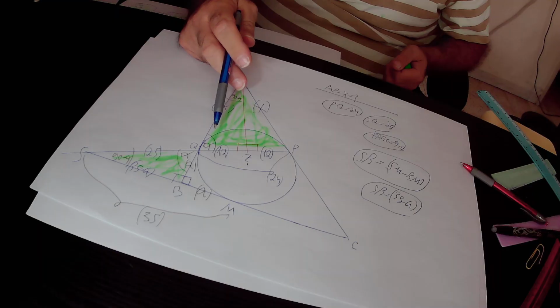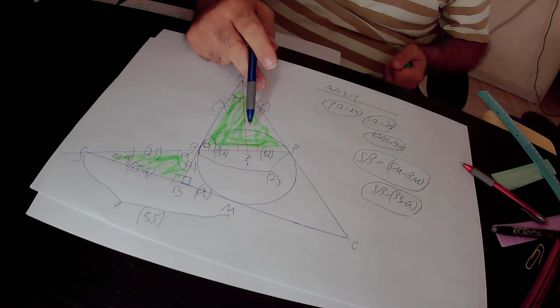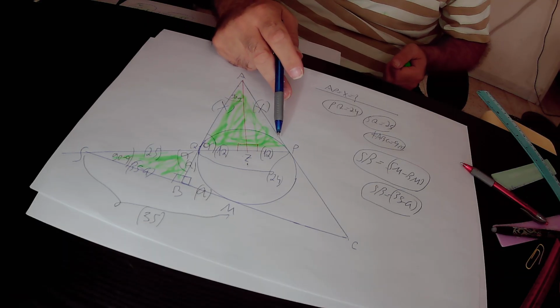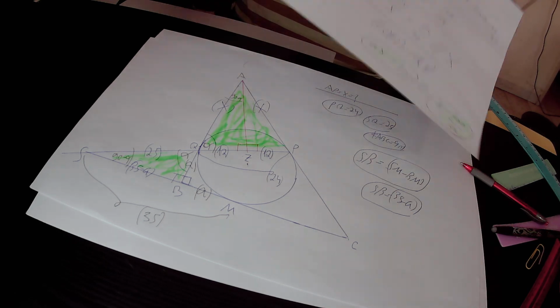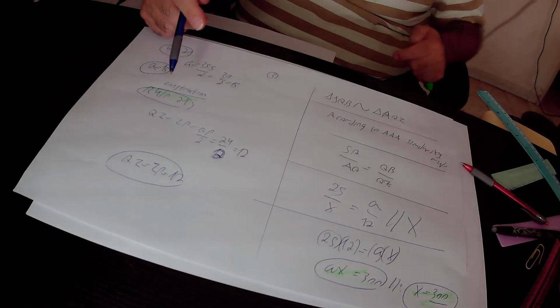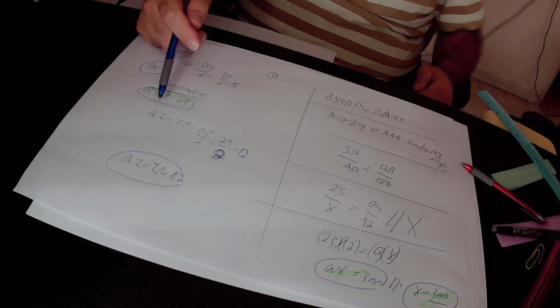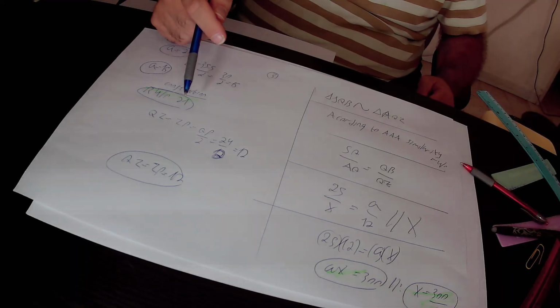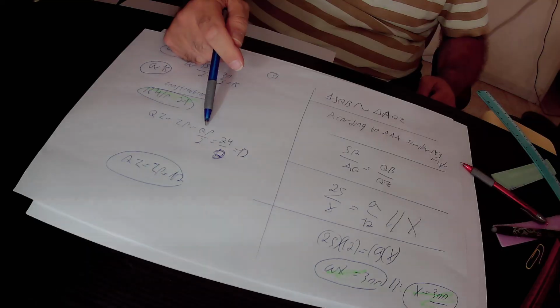So the first half QZ is equal to QP over 2. The second half ZP is also equal to QP over 2.